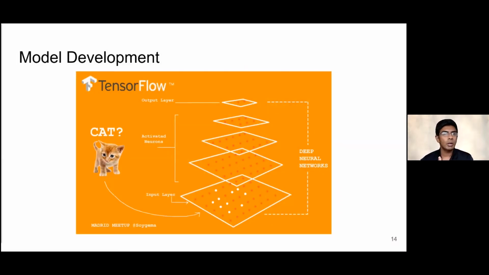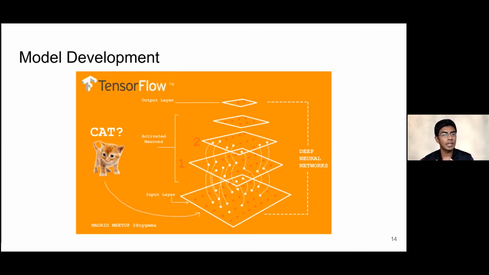So now let's talk about model development. How does model development work? Model development is the process of training a neural network. In this example, you will submit images of cats labeled as cats and images of other animals as not a cat. Then the machine uses these images to develop the neural network to identify the cats.